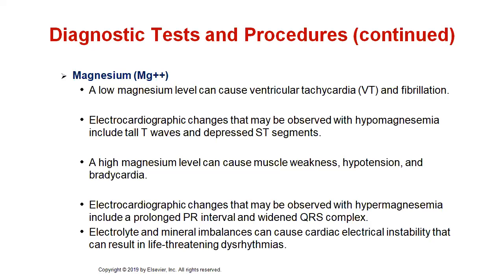So increased magnesium level can cause central nervous system depression, lethargy, hypotension, and bradycardia, right? Central nervous system effect. Electrocardiographic changes that may be observed with hypermagnesemia include prolonged PR interval and widening QRS complex.